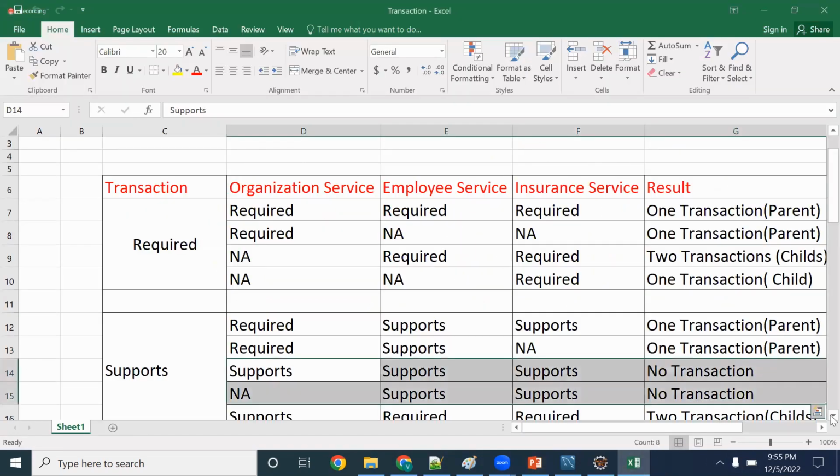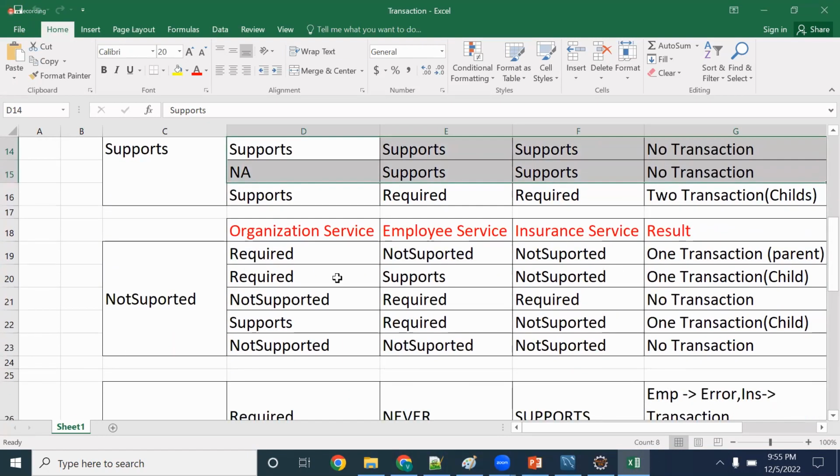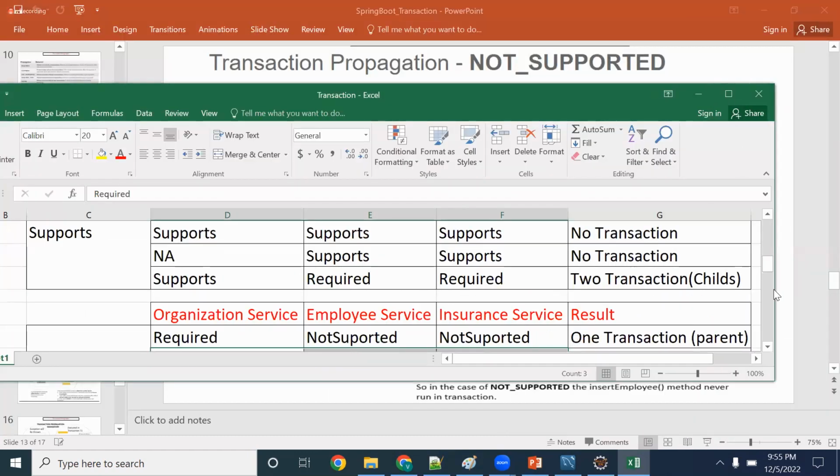So we'll see the third scenario here. In case of not supported, I wrote at the parent level required, not supported, not supported. Only one transaction object at parent level, correct? Required, supports, not supported. Maybe I'll keep hide on this.